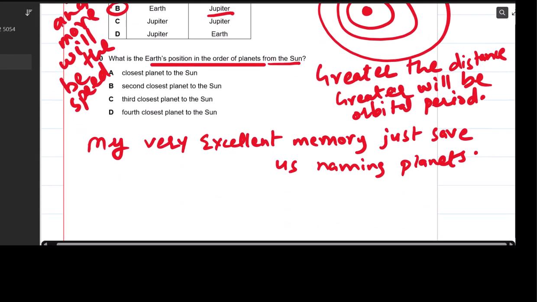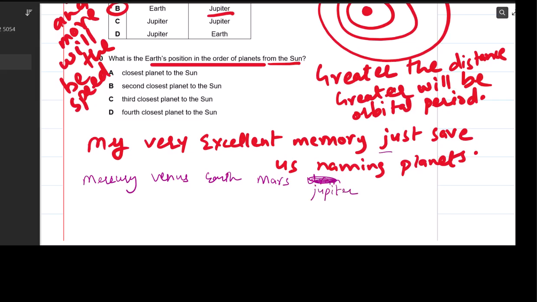So what it is going to be: Mercury, Venus, Earth, Mars, Jupiter. I'm taking their first letters. Then Saturn, Uranus, Neptune, and Pluto, which is a dwarf planet.